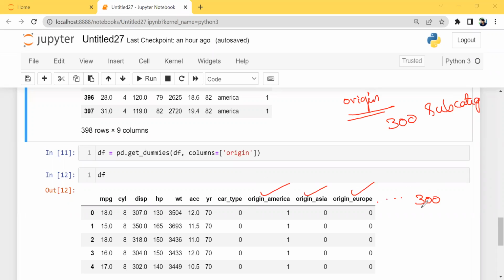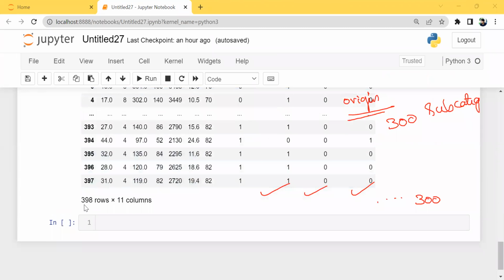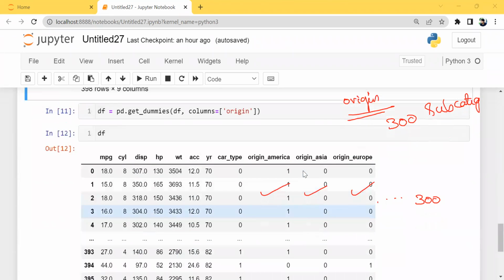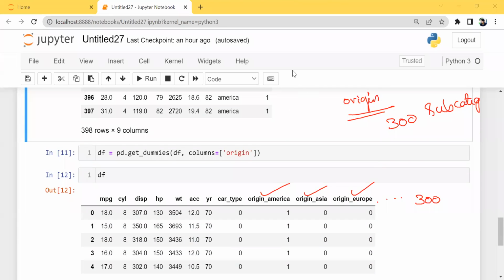When you look here, what is it having? 398 rows and 11 columns. Just imagine, now the columns will be approximately 300.